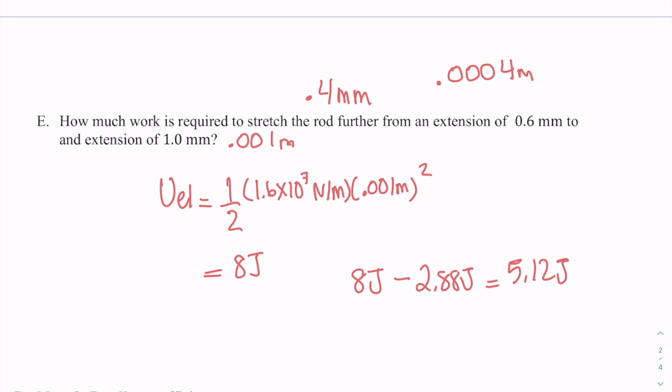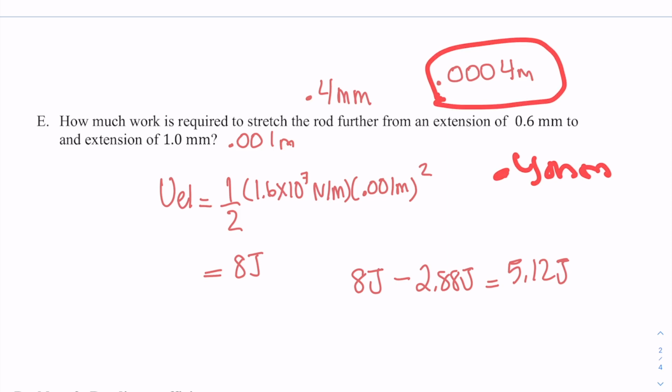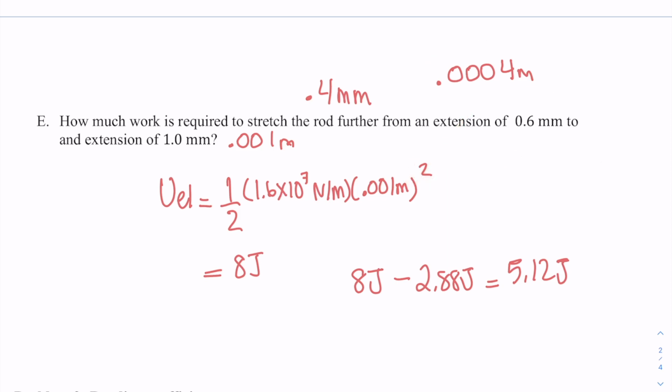If you were to do 1 minus 0.6, that gives you 0.4 millimeters, and that's 0.004 meters. If we plug that into the equation and solve for the elastic energy, that would just give us the elastic energy at 0.4 millimeters. It wouldn't give us the difference in energies between the two positions, or the work we would need to do to move it from 0.6 to 1 millimeters.